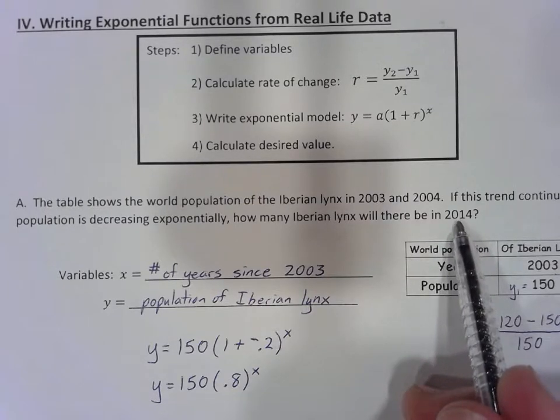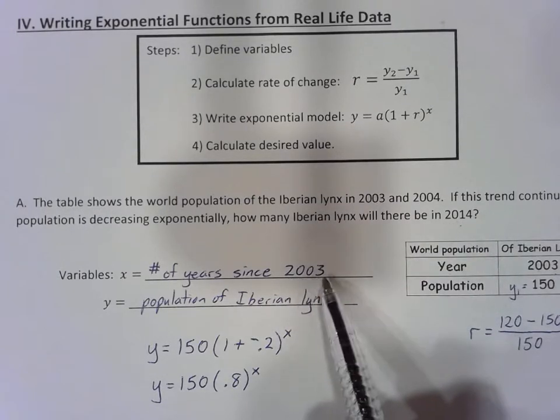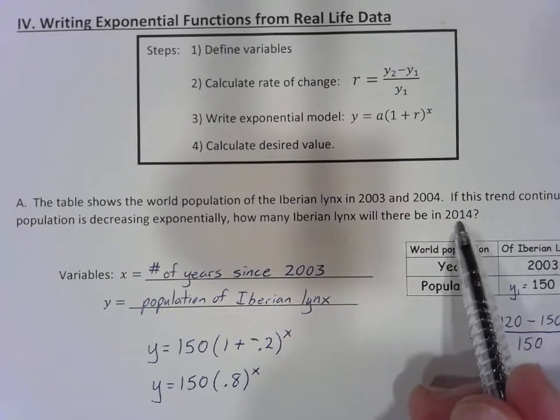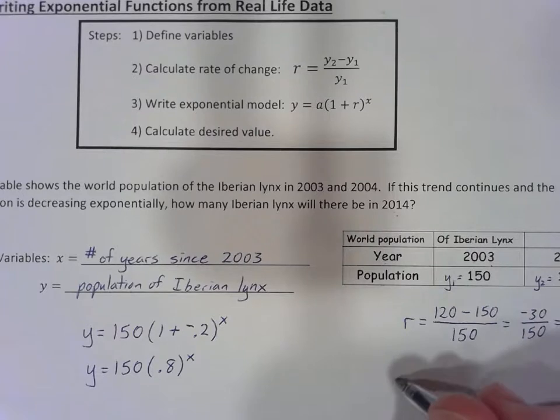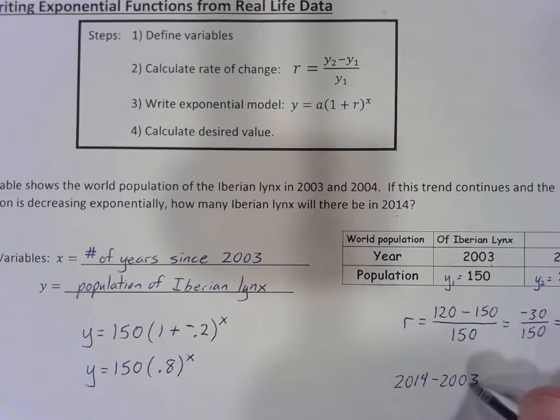So now, how many Iberian lynx will there be in 2014? So how many years after 2003 is 2014? Well, 2014 minus 2003 equals 11. So this is my x value that I want to plug into the equation.